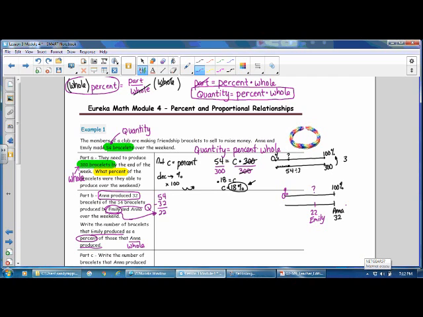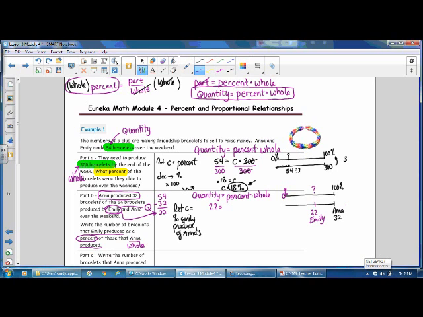So let's use our equation. Quantity is equal to percent times whole. Substitute our quantity, which is Emily. Our percent is unknown. Let C equal the percent Emily produced of Anna's.